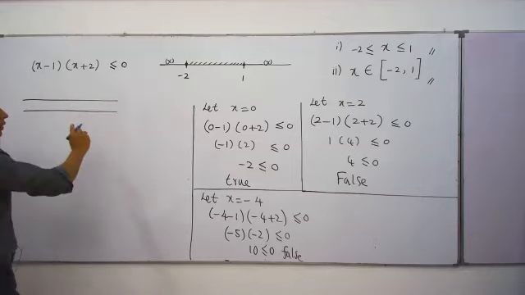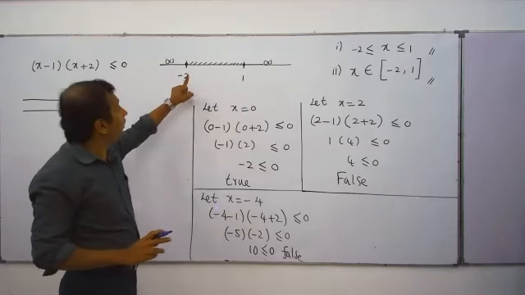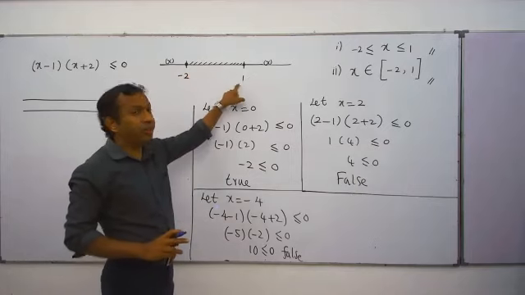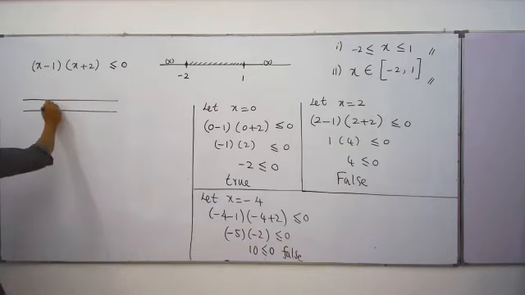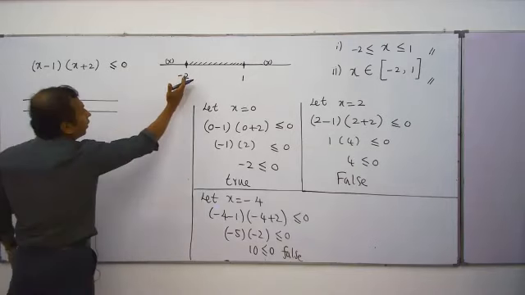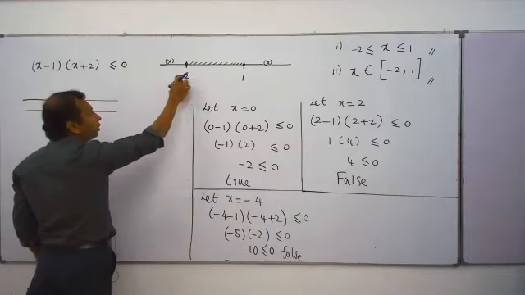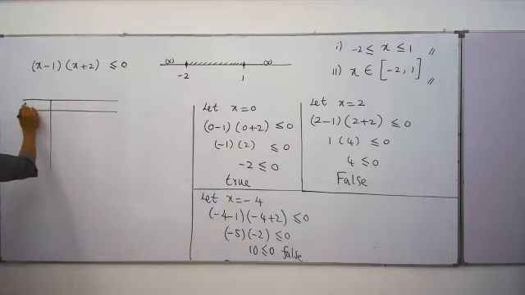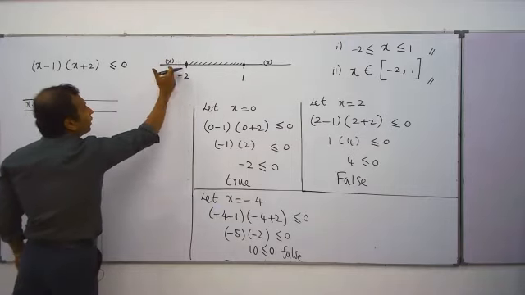Right. This range, when we see, people, there are three regions now: less than minus 2, between minus 2 and 1, greater than 1. First region is on the left of minus 2. On the left of minus 2 means any number smaller than minus 2. Then we write x less than minus 2. X means any real number in this region. When that x lies on the left of minus 2, that x is less than minus 2.